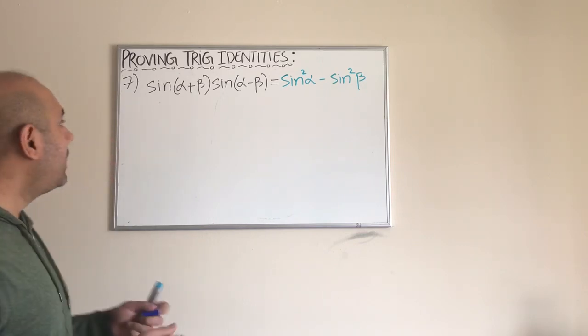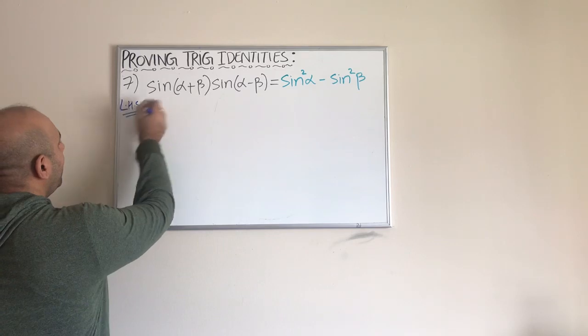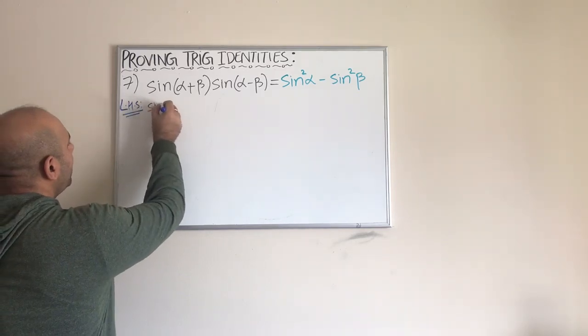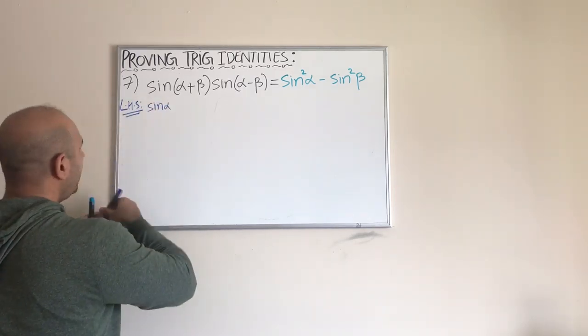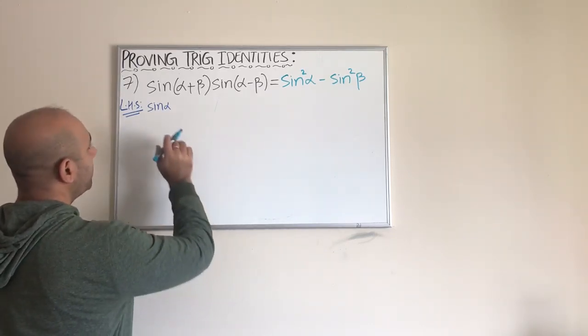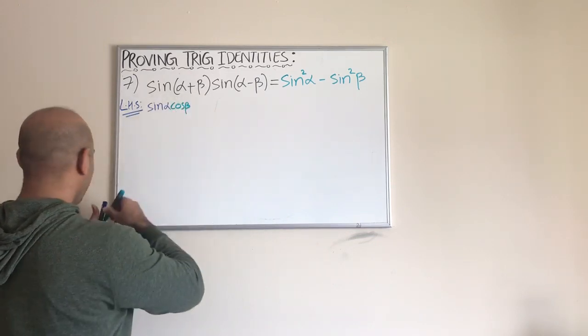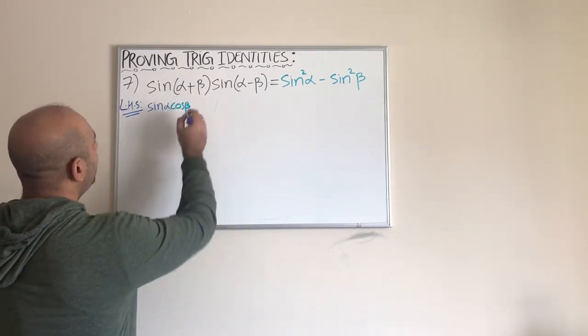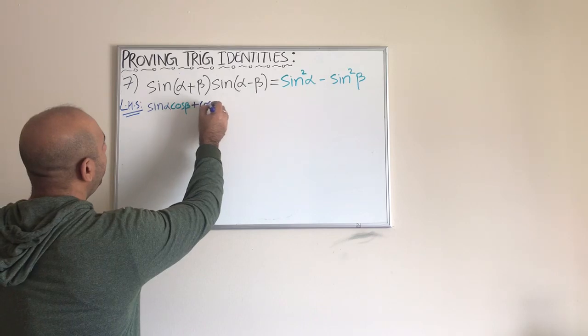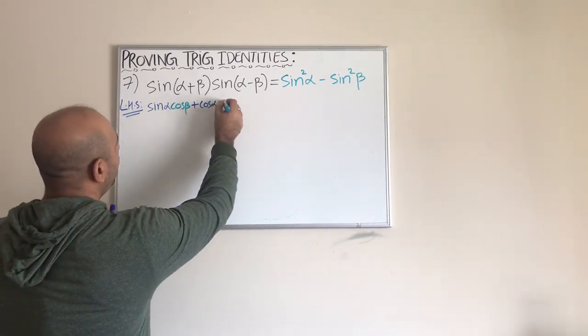Okay, so let's see. We have the left hand side, and I'm going to write the formula for this. It's sine of alpha. Guys, this is going to take a lot of space, so let's see how far we can go on this video. Sine alpha cosine beta, right? And then plus cosine alpha sine beta, right?